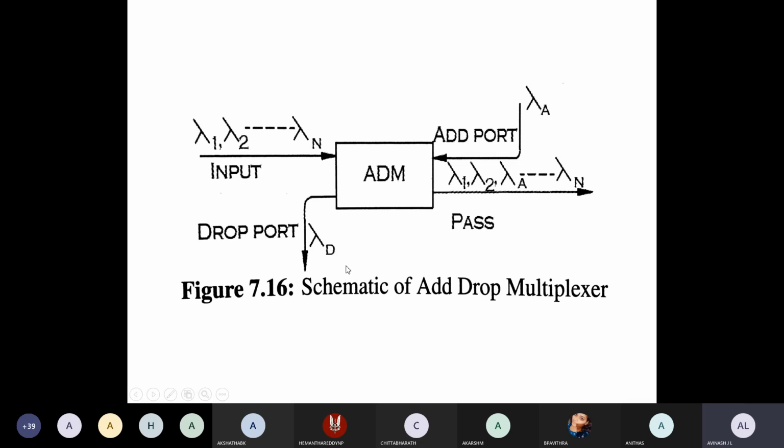You make sure that whether it is lambda 3 or lambda d, anything is fine, no problem. But in the representation, just understand that one signal has been added, and at whichever place it got added, the previous wavelength that was there will be dropped out. That is exactly the simple concept here.